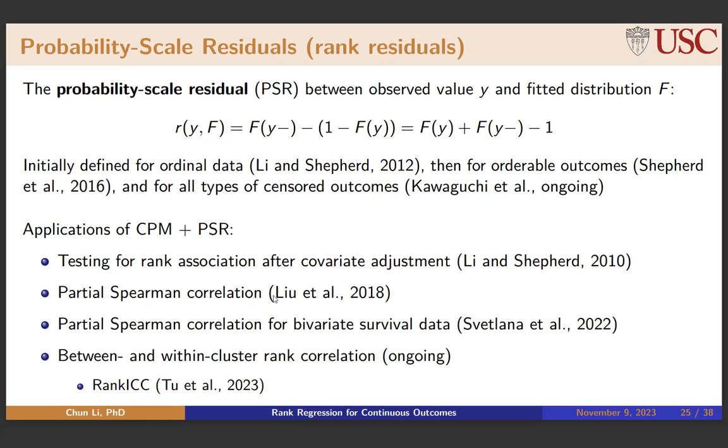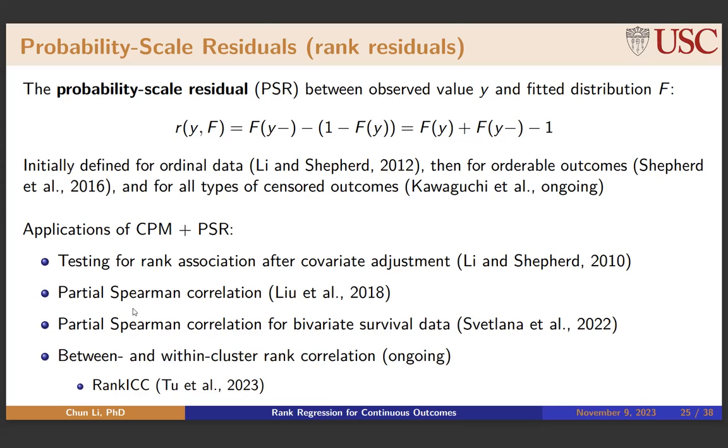Actually, this whole research started with this paper. We wanted to define partial Spearman correlation. It turns out Spearman correlation came out more than 100 years ago. And partial Spearman's correlation has been used decades ago. But the definition people use has really no justification.